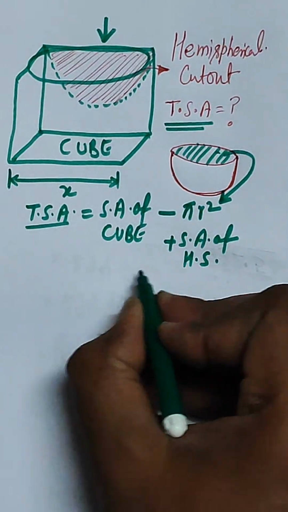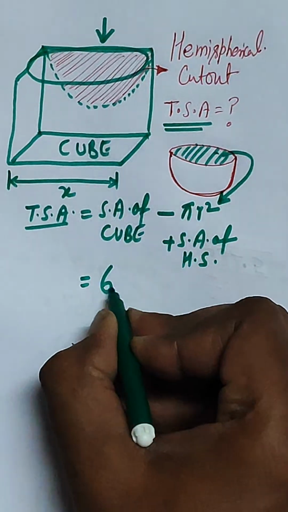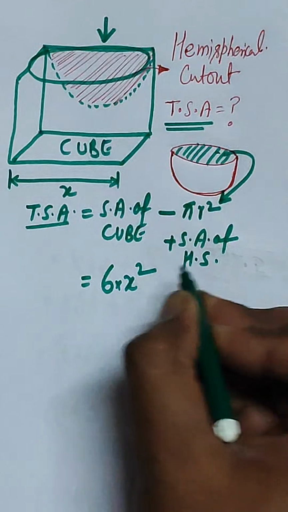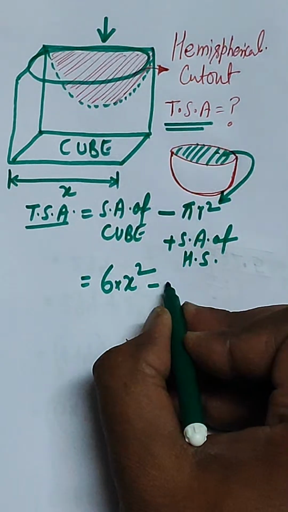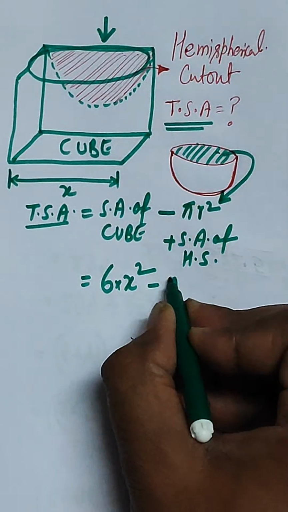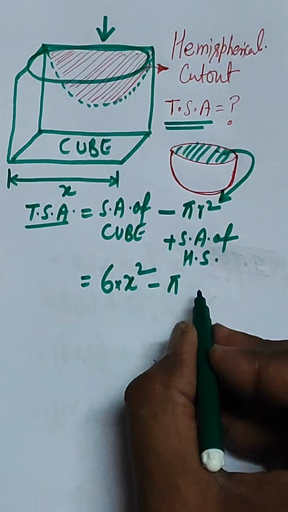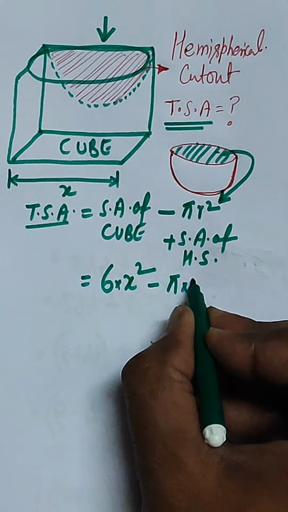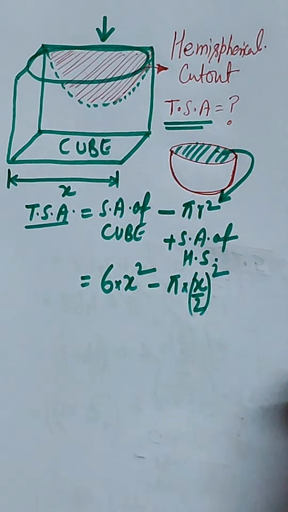Now surface area of cube is 6 into a square, so this will be 6 into x square. Now what is the area of this circle? This is pi r square, so this is pi into (x by 2) whole square.